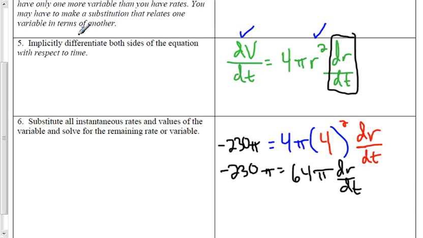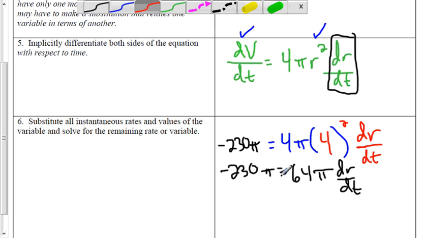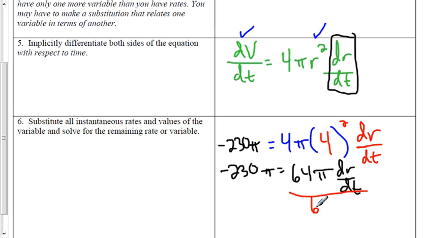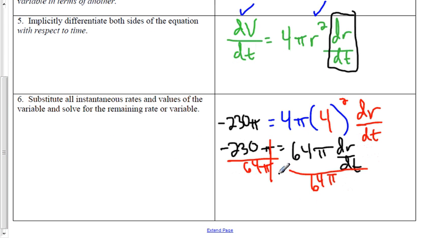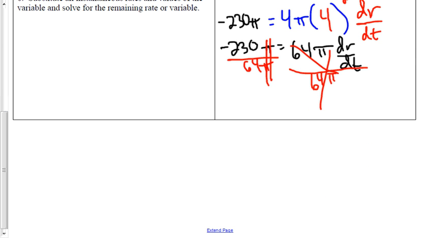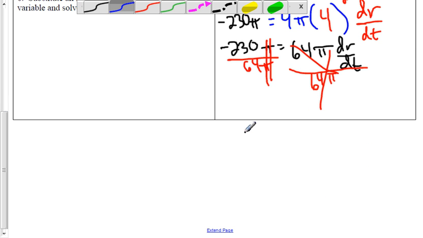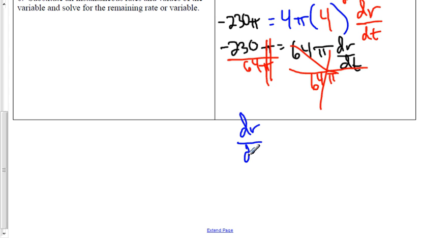So let's divide both sides by 64 pi. If I do it to the right side, I have to do it to the left side. Those cancel out over here. Why is that nice? Because now all I'm left with is dr/dt, and it's negative 230 over 64.